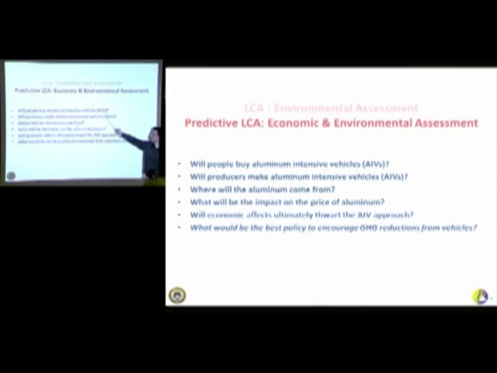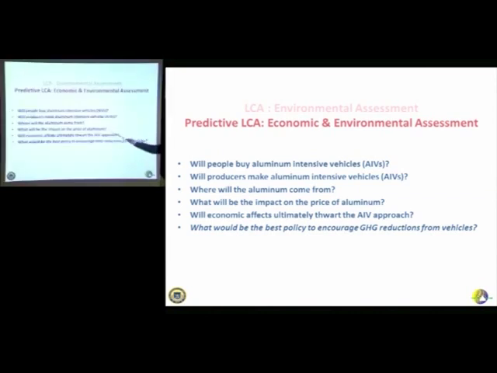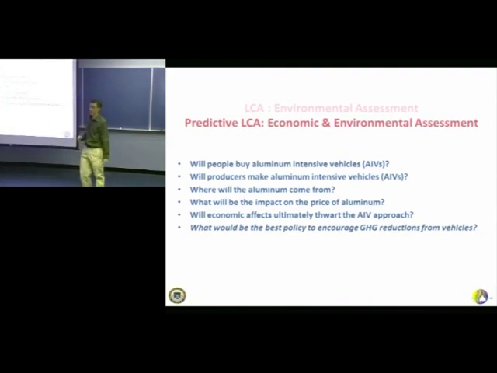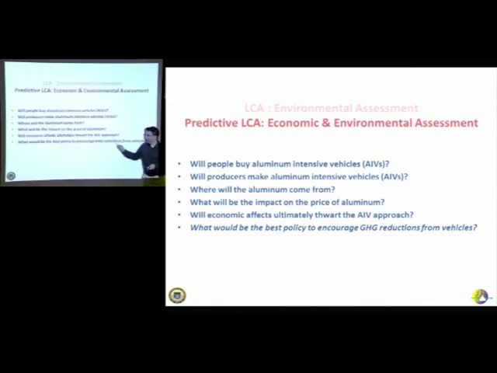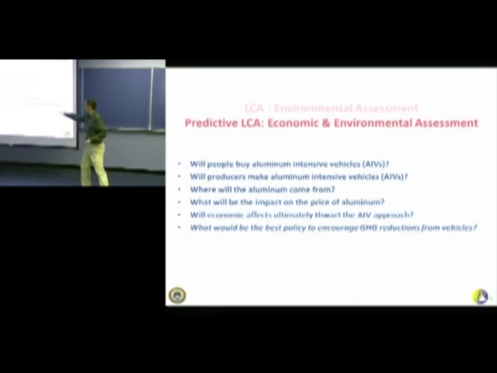Will people buy those cars, and would producers make the vehicles? And if they did, then where would that aluminum come from? Would the supply chain somehow adjust? Maybe the price of the aluminum would go up, forcing the production somewhere else where there may be higher or lower emissions factors, and might these economic effects ultimately thwart that aluminum-intensive vehicle approach, right?